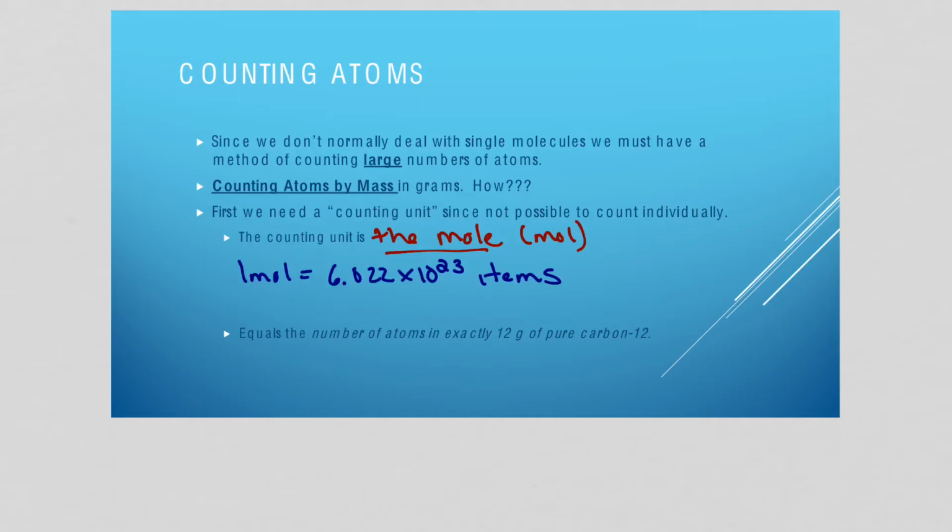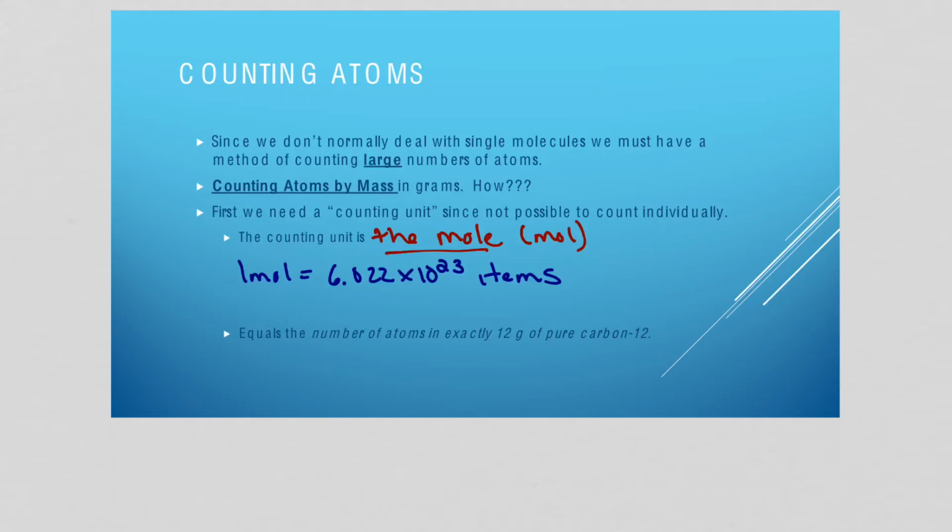Are they water molecules, etc.? But 1 mole of any of them always has 6.022 times 10 to the 23rd individual items, just like anytime we have a dozen of something, it always has 12 items. So this is a huge number of items, but we need a unit that big because we're going to be dealing with such large numbers of atoms and molecules.